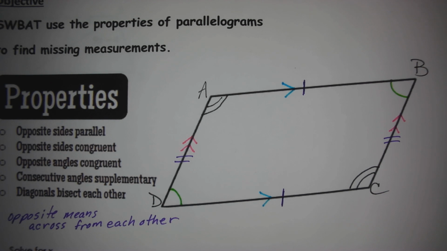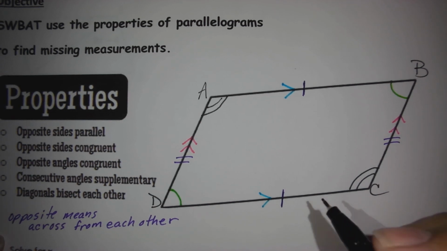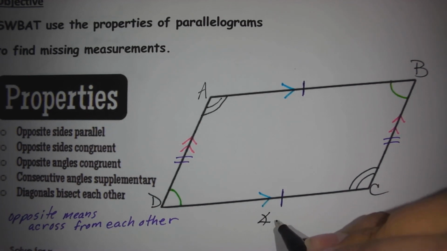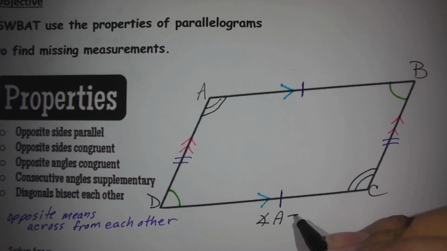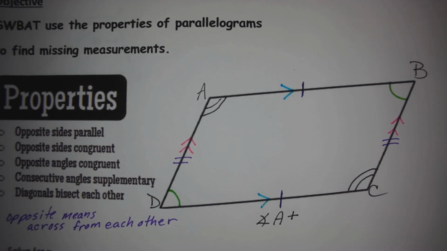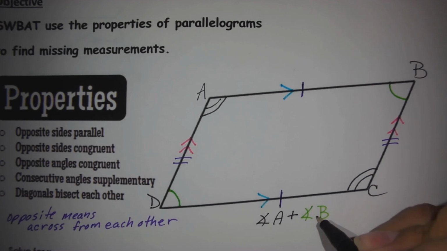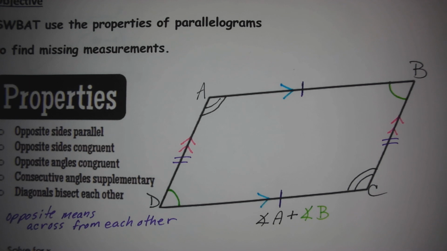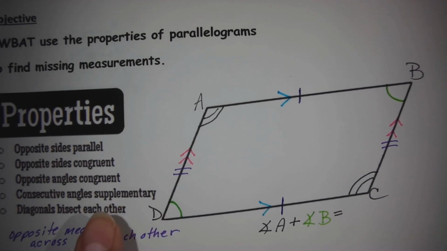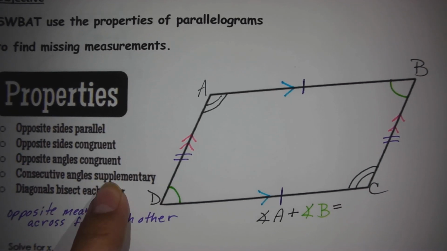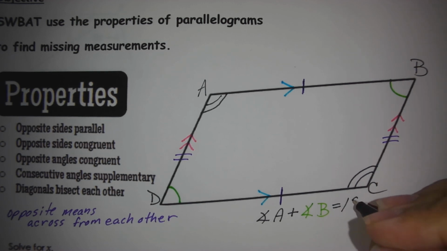So we can say that angle A plus angle B equals, well, we need to remember, what does supplementary mean? Supplementary means two angles whose sum is 180 degrees.